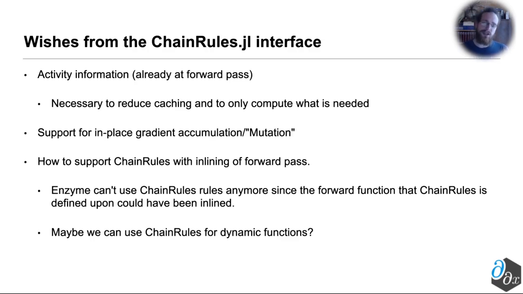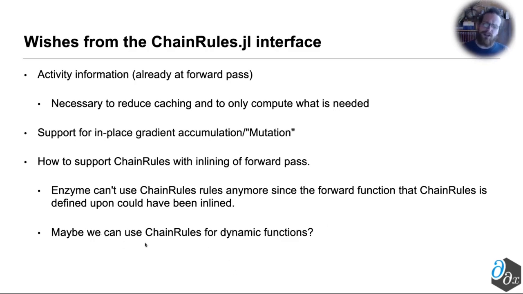We also would like to have better support for declaring that a chain rule is supporting mutation or in-place gradient accumulation. Right now there is this thunk interface which allows you to do in-place gradient accumulation, and some variant of activity propagation, but it happens too late. We would like to do it earlier because we are going to synthesize the code accordingly.